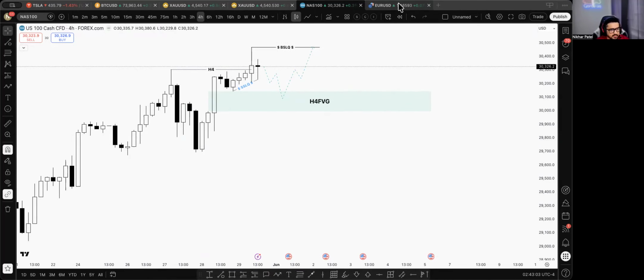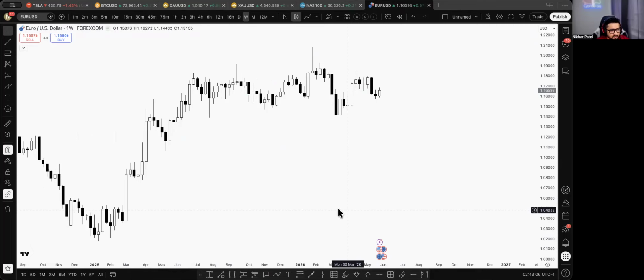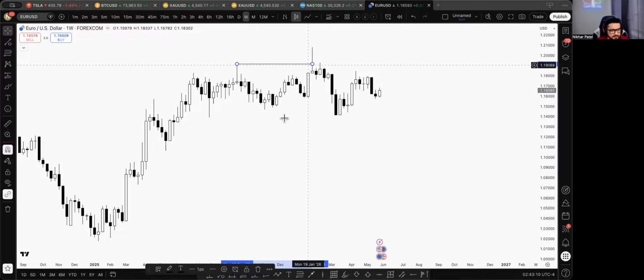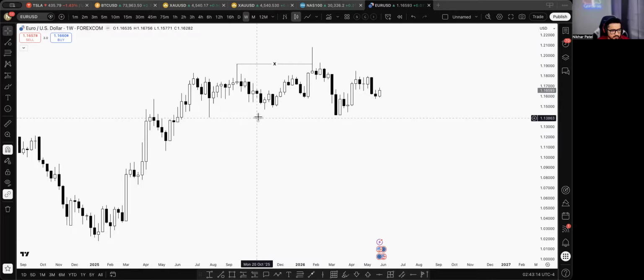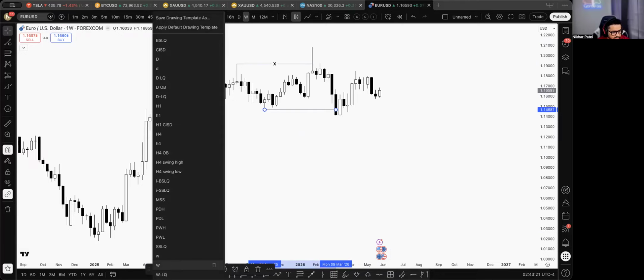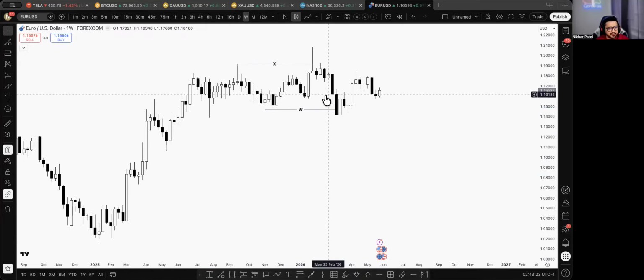Now let's go and check out euro dollar. On euro dollar, what's going on? On the weekly time frame, we swept the highs here. So buy side liquidity taken out, we shifted bearish on the weekly time frame.